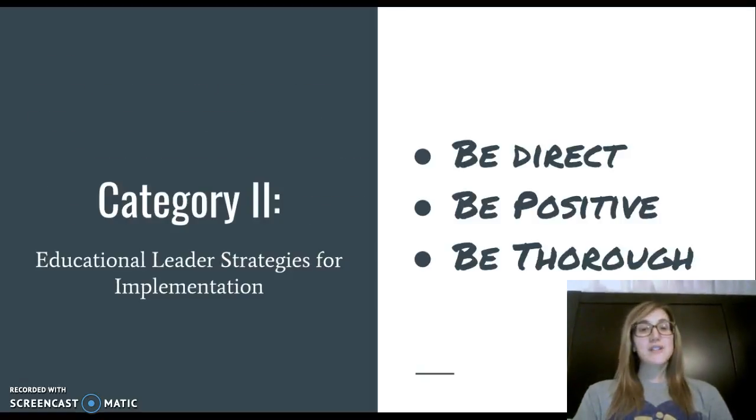So some strategies that I would use during the implementation of my plan. First and foremost, I'd want to be direct with everyone involved because there is an obvious problem that needs to be addressed. Whether it be we analyze our data that we are collecting more effectively, or if we just do different professional development activities to better our instruction.